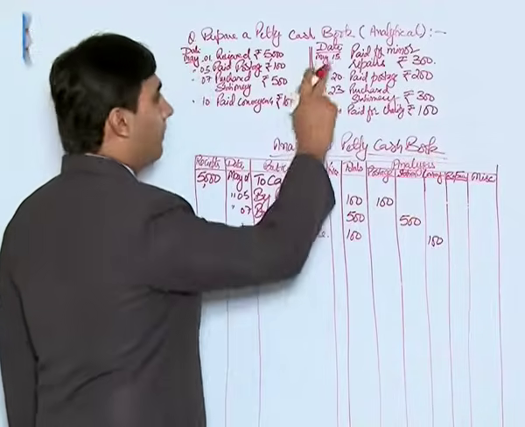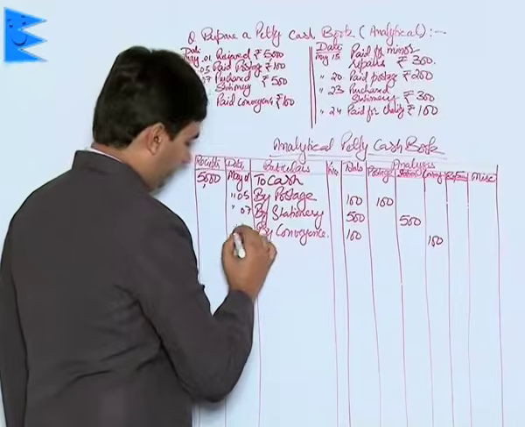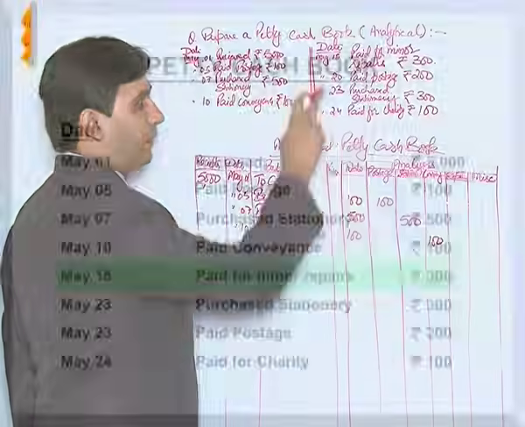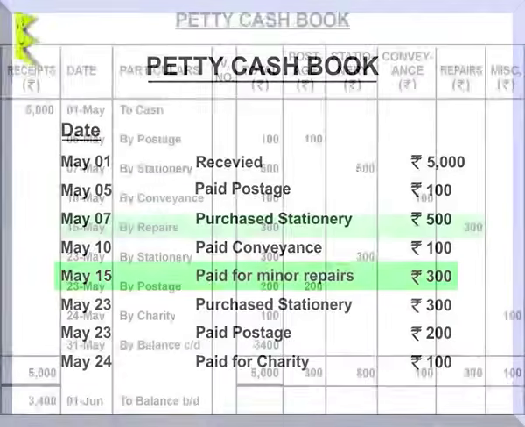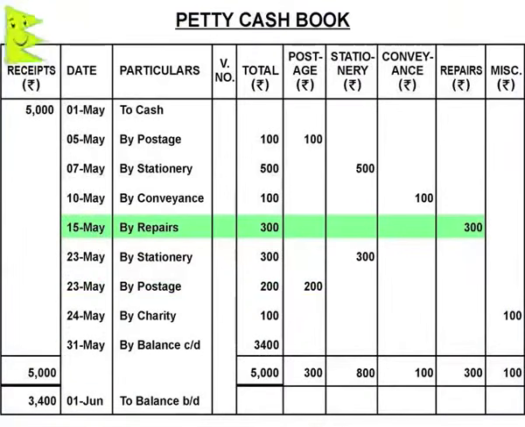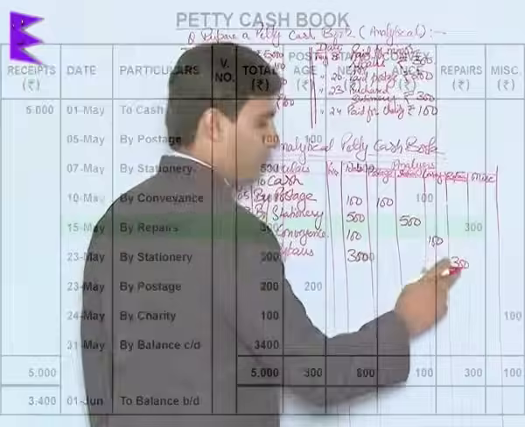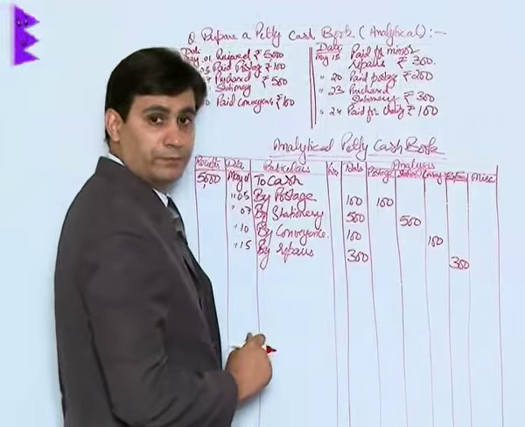Coming to May 15th, paid for minor repairs. So by repairs, rupees 300. This entry would be put in the repairs column as rupees 300 here as well.